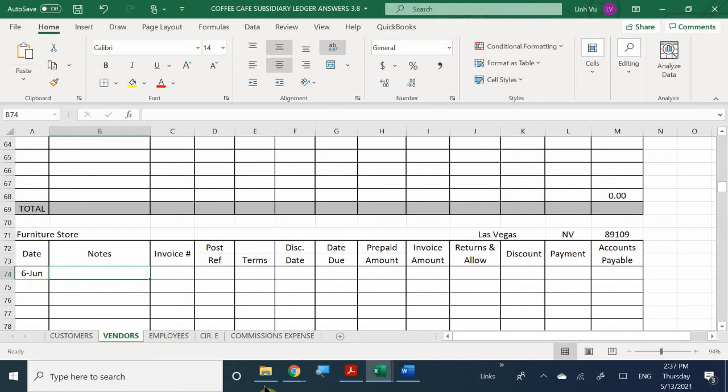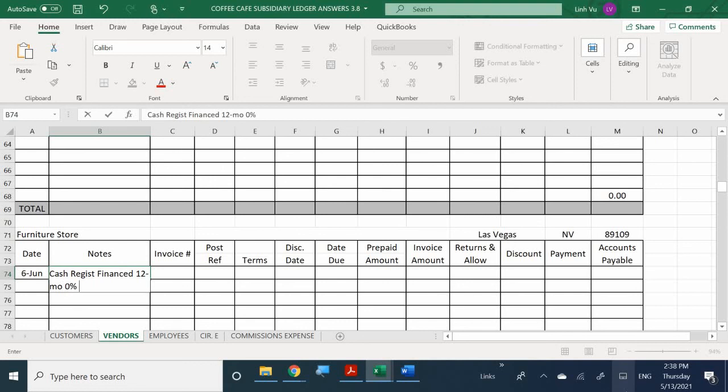So this is where we get to take a look at finally owing a company money. So once again, you're going to fill in the notes that you bought a cash register and you financed it 12 months, 0 APR. After 12 months, you will be charged 18% interest.